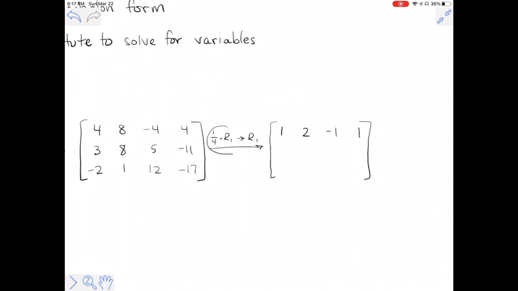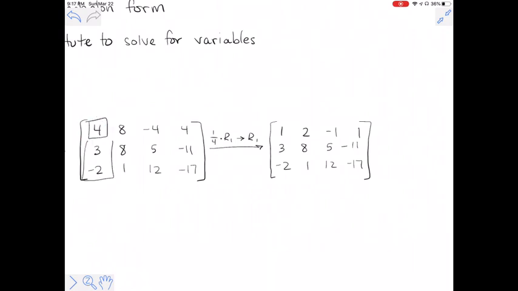And this row operation only affected row 1, so row 2 and row 3 are going to remain unaffected. So that was our first order of business. We got that to be a 1.